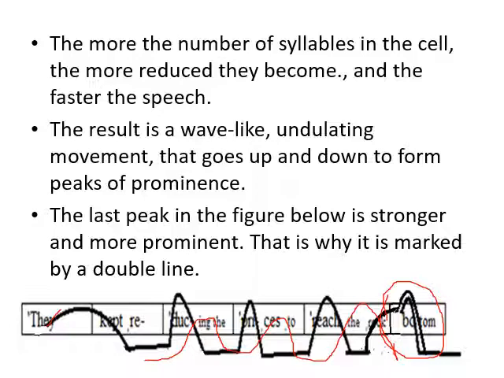When you listen to English you will notice that the last peak in the figure below is stronger and more prominent, and that is why it is marked by a double line, because it is the sentence stress.